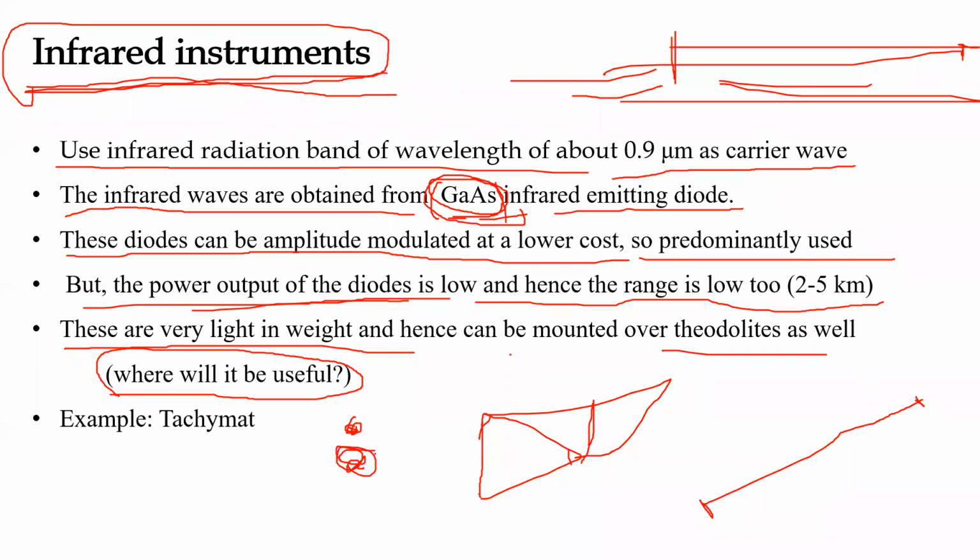Just above the theodolite, if we place this infrared instrument, what benefit will you get? You can measure the distance as well along with the angle, right? Using the theodolite you will be measuring the angle, and using the EDM infrared instrument you will be measuring the distance. So now, can anybody tell me?